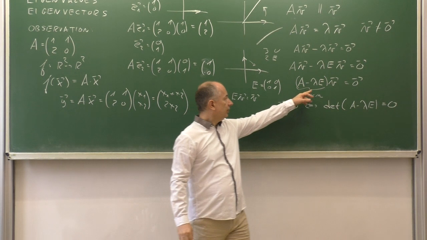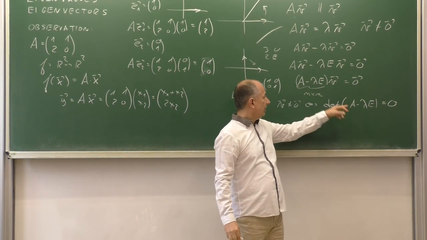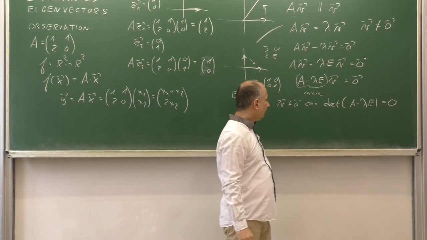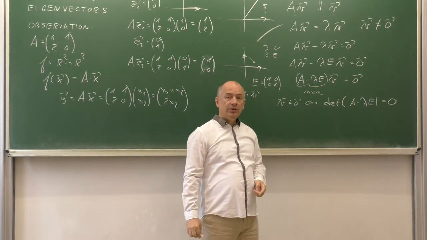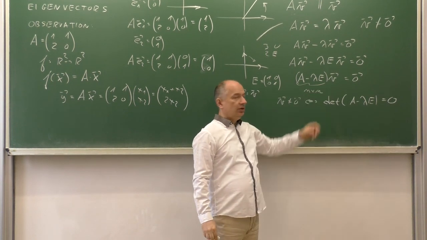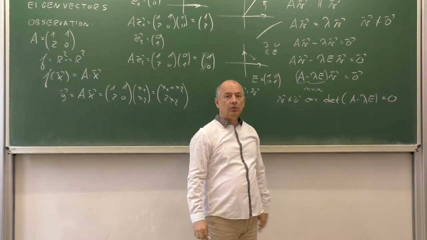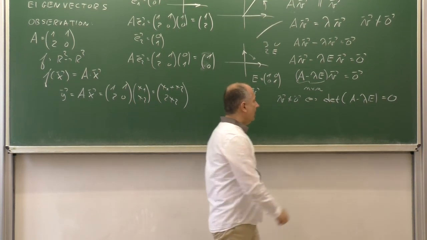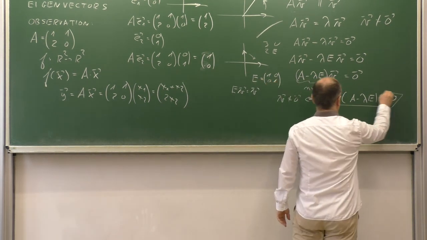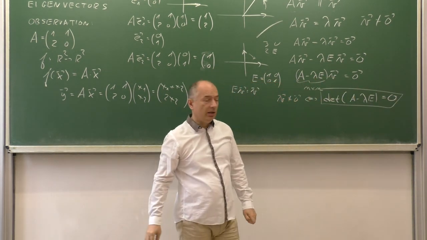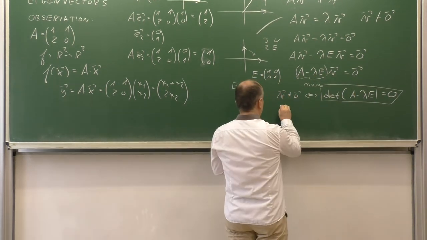The determinant of this matrix A minus lambda E must be 0. And this is the sufficient and necessary condition for this system of equations to have non-zero solution for V. And this equation is so important that it has its name. This is called characteristic equation.